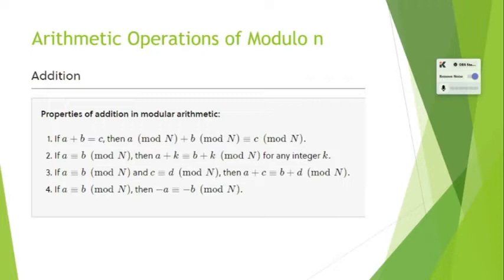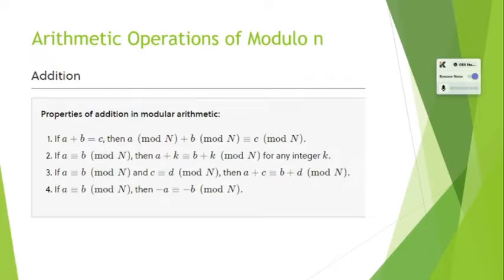Second, if A is identical to B mode n, then A plus K is identical to B plus K mode n for any integer K. Third, if A is identical to B mode n, and C is identical to D mode n, then A plus C is identical with B plus D mode n.